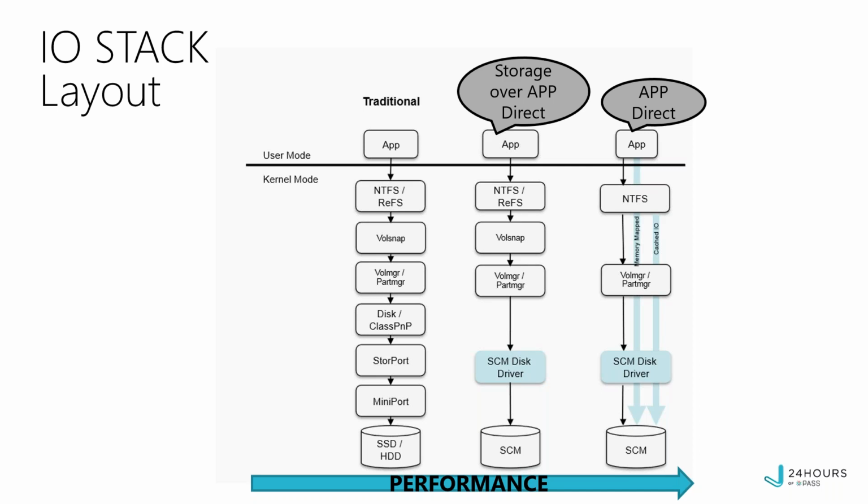We're just mounting a file system on a really fast device. And on the most right-hand side is what we call app direct, where we are taking advantage of persistent memory at its full capability. We have byte addressable data straight from the device, and you see that you have way fewer layers in the stack.